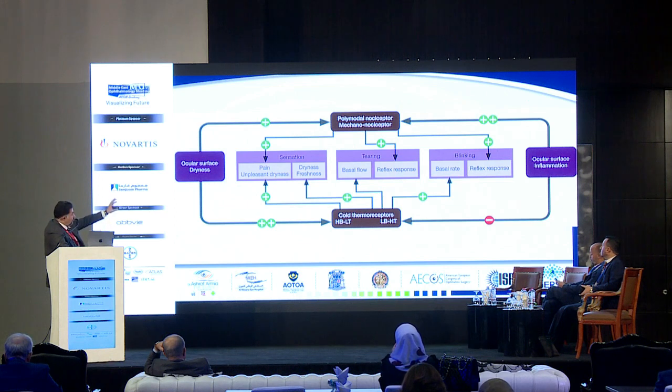And when there is nociceptor activation, you look for sensation, tearing, and blinking. Sensation means pain, unpleasant dryness, sensation with dryness and freshness. Tearing means basal flow and the reflex response, and blinking means the basal rate and the reflex response.